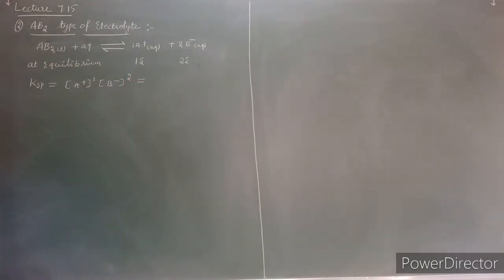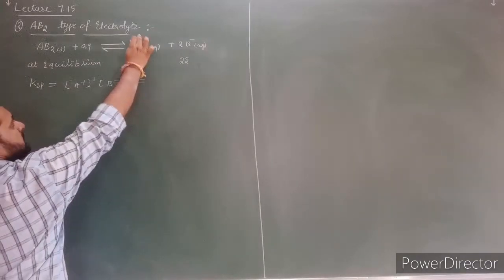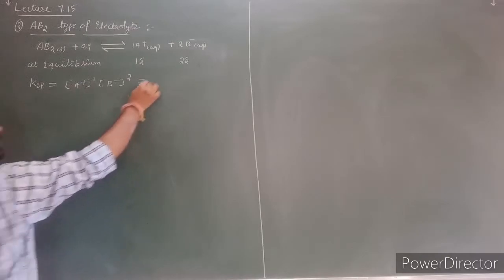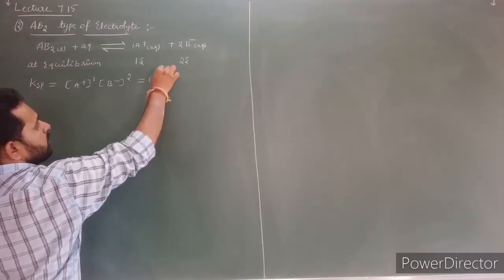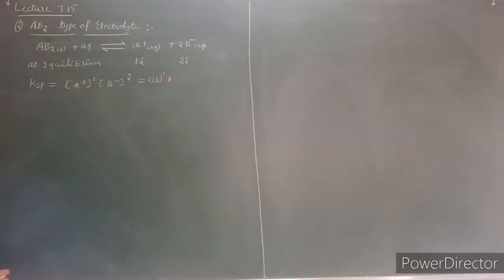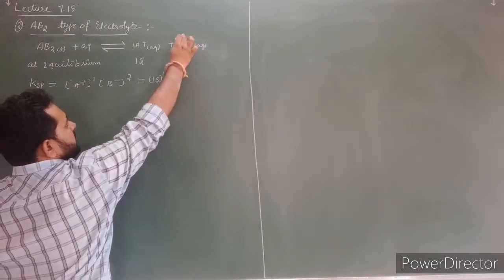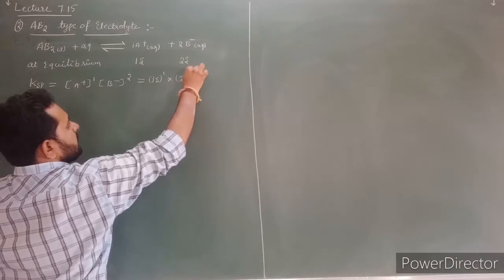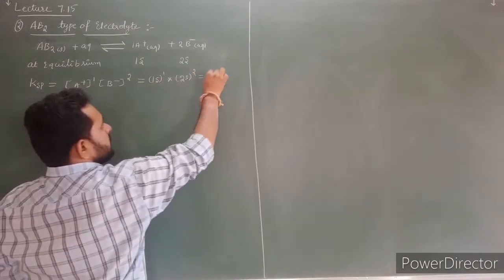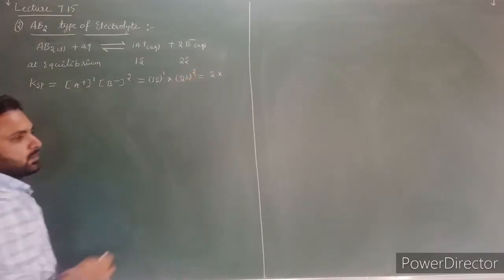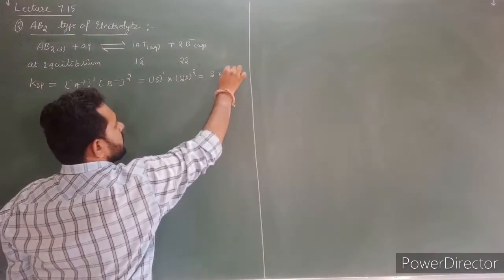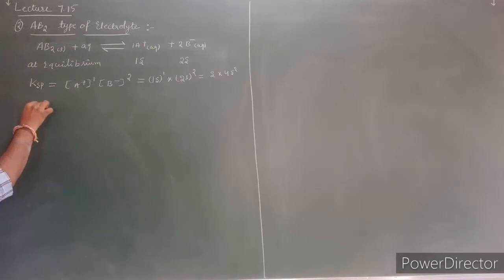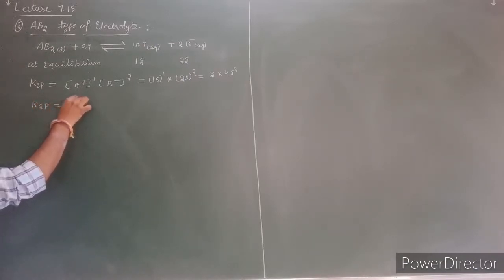Next, the solubility of 1 mole of A plus ion is equal to 1s. Substitute this value here: 1s whole power 1, into the solubility of 2 moles of B minus ion, which is 2s, so 2s whole square. Next, here s into 2 square, 2 twos are 4, 4s square. Then finally Ksp is equal to 4s cube.